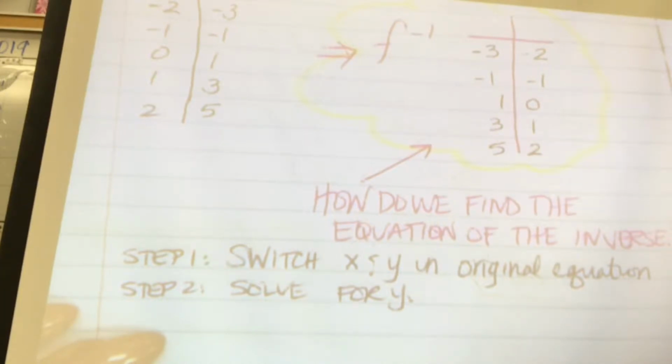So you're going to take your original equation, switch your x and your y, and then solve for y. Switch your x and your y in the original equation, and then solve for y.